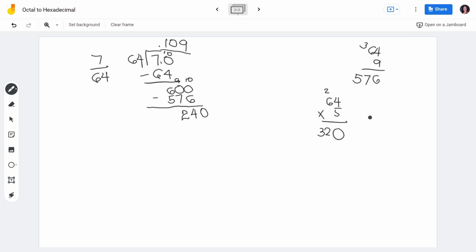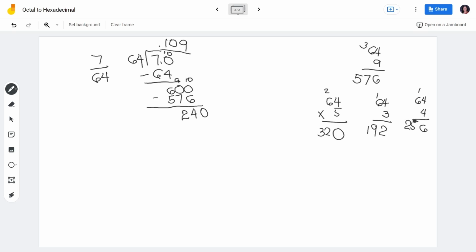Okay, so 64 times 3. 4 times 3 is 12, so we have 18, plus 1 is 19. Let's just try 64 times 4. 4 times 4 is 16. 6 times 4 is 24, plus 1, 256.